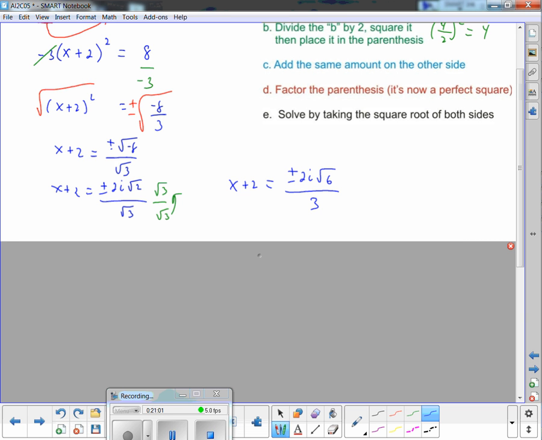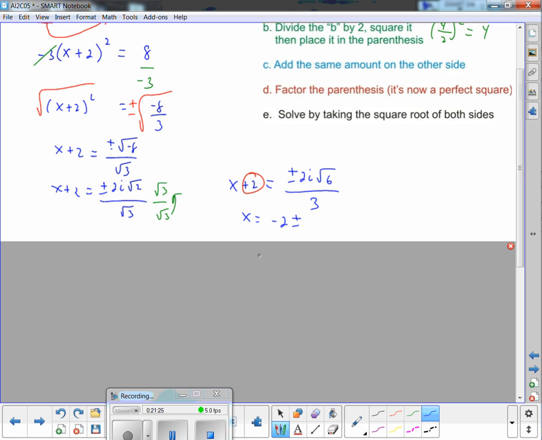Yippee. What fun. This is awesome. And are we done? Is the variable isolated? So the last thing we got to do is move this positive 2, right? So we're just going to add a negative 2 to the other side. Where does it go? It goes in front of this plus or minus.